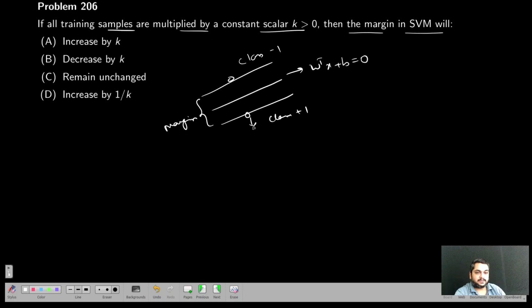If say there is a point xi here, and I increase this to k xi, multiplying some constant to all the data, how will my margin change? So that is proportional, right? This is what we are trying to minimize. If I increase this size, the data values will increase, so the margin looks bigger, right? So it is again multiplied by k, so it increases by k.